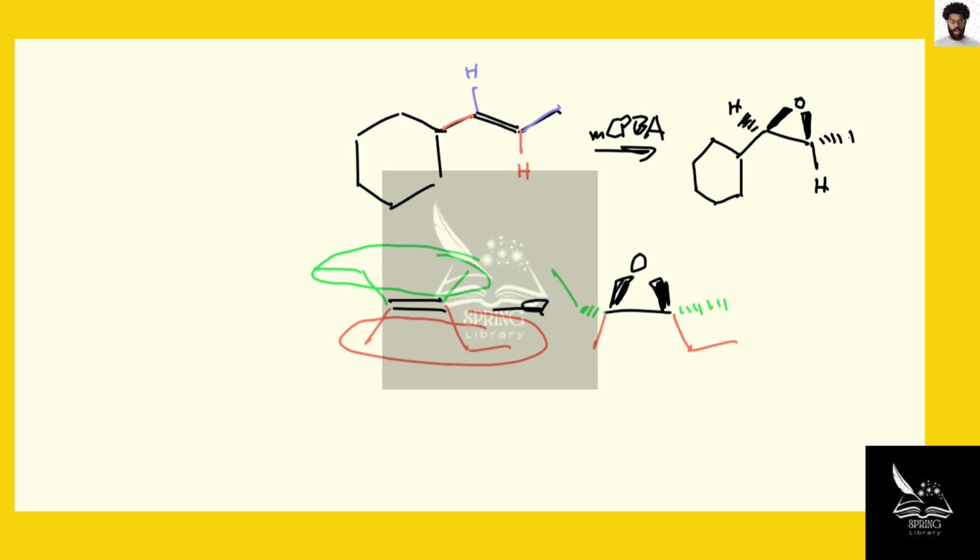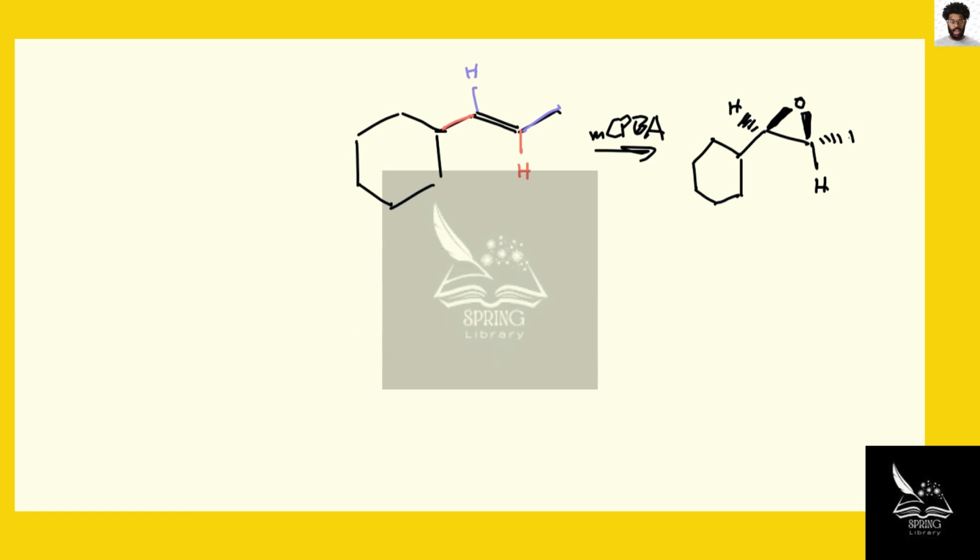Another way that you could draw it, if it helps you, is to not draw wedges to the oxygen, but instead draw the bonds to the oxygen as being flattened in the plane. And then the idea is that anything cis to each other on the double bond will both be on wedges.